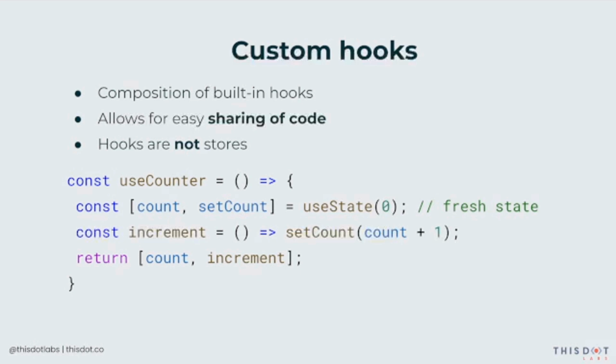But instead of returning a tuple with the current value and a generic setter, which could set it to any value, we will return a tuple which has the same sort of look and feel, where the first value is the actual value of the current count, and the second value is our setter, which is increment, which doesn't take an argument. You can only increment by 1 each time.